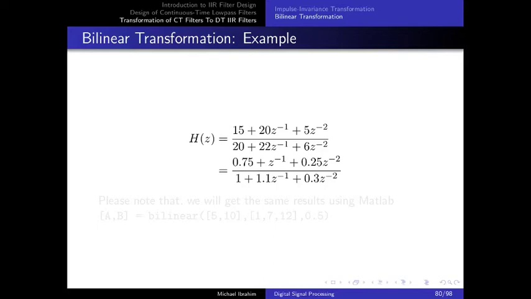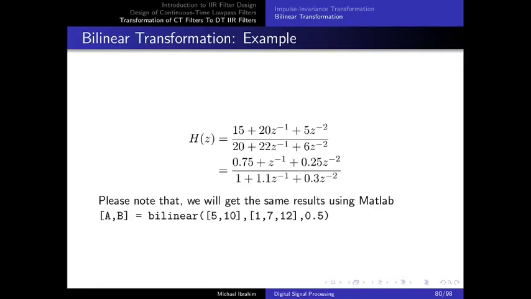We had a second order continuous time system which was mapped into a second order discrete time system. But the number of zeros has been changed. It was 1 zero in the continuous time filter, now it's 2 zeros in the discrete time filter. The bilinear transformation always makes the number of zeros equal to the number of poles.